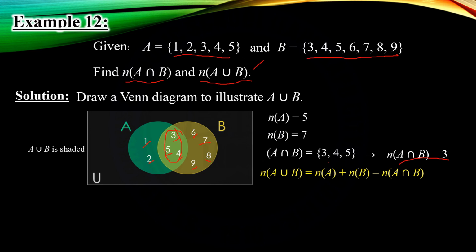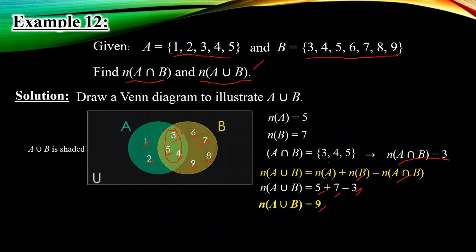And then, substitute the values of the cardinality of set A, which is equal to 5, the cardinality of set B, which is equal to 7, and the cardinality of set A intersection B, which is equal to 3. Then simplify, and you will get 9 as our final answer.